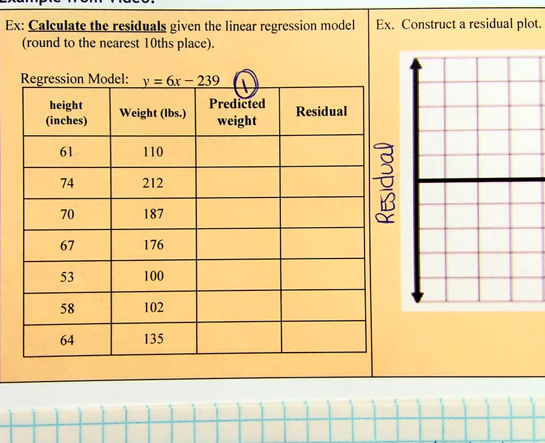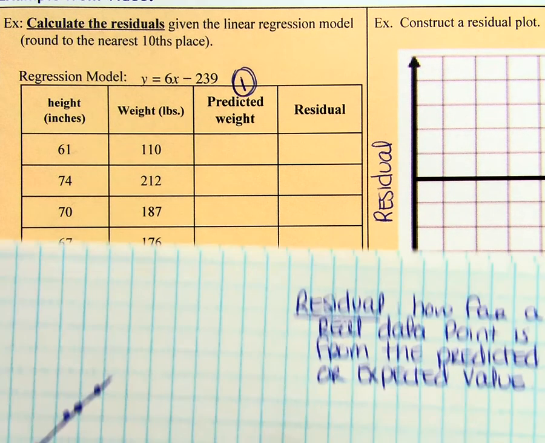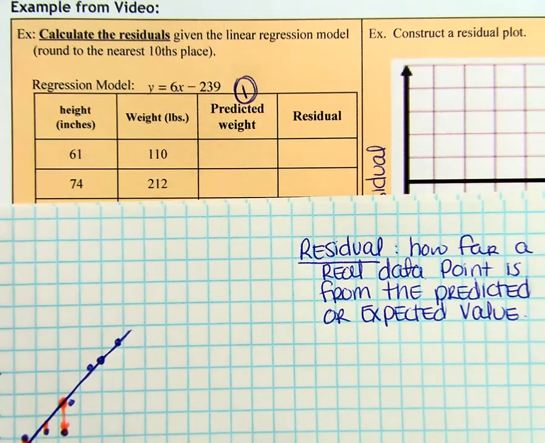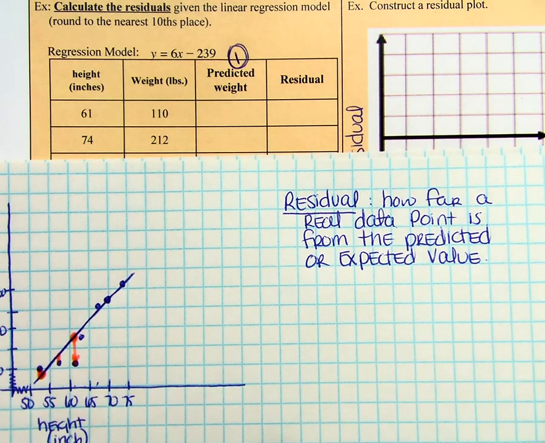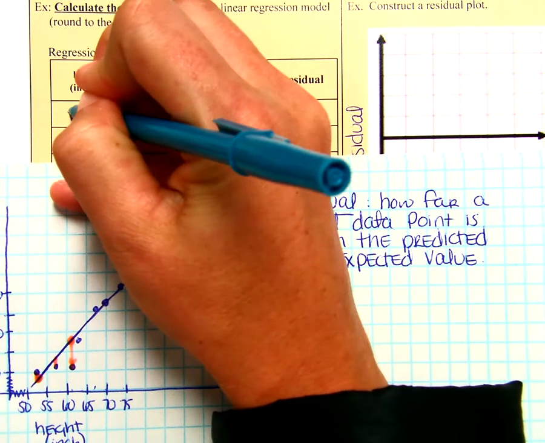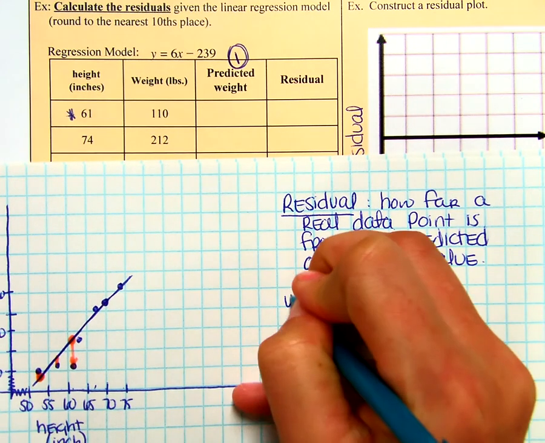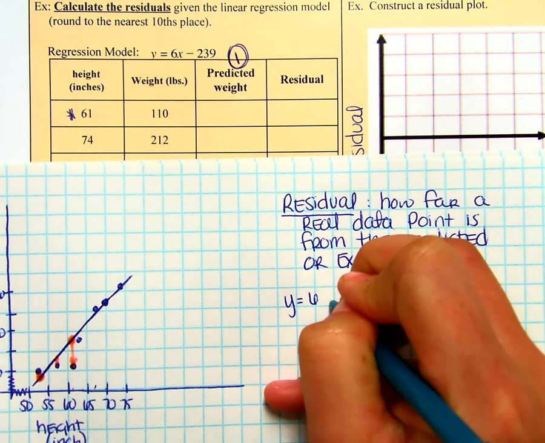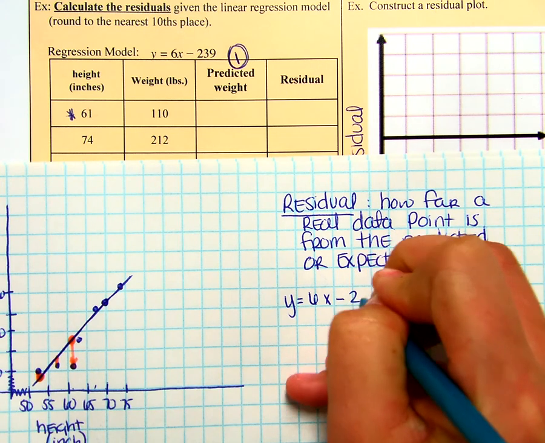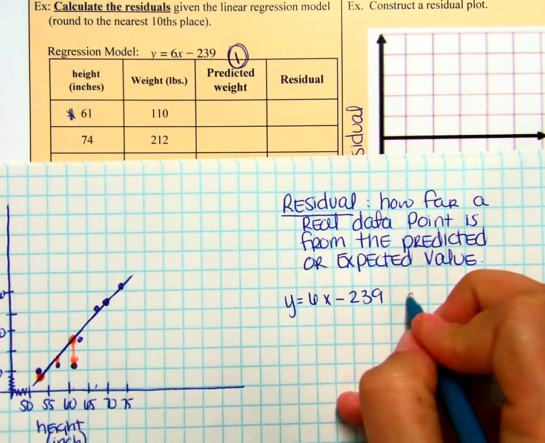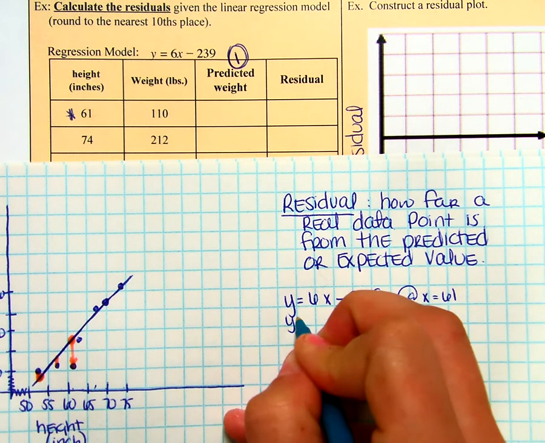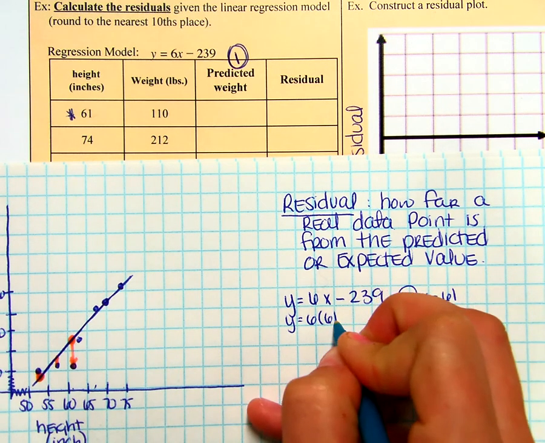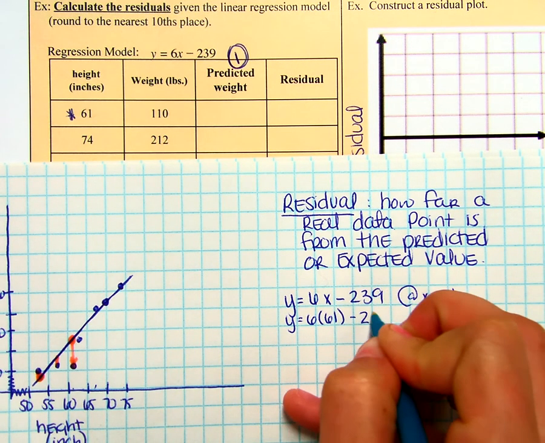Let me zoom out just a little bit. We're going to take our data of 61 and substitute it into the regression model for x. So we're going to do this at x equals 61. So y equals 6 times 61 minus 239.